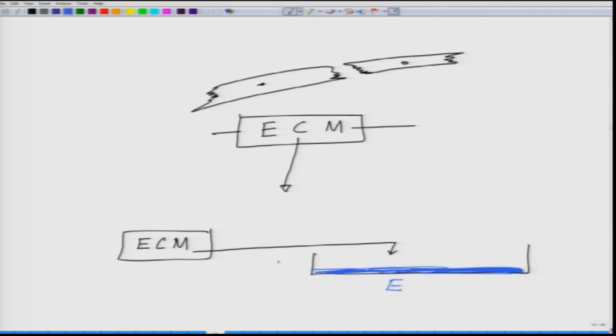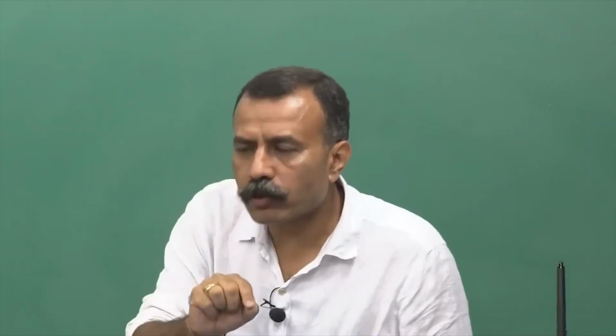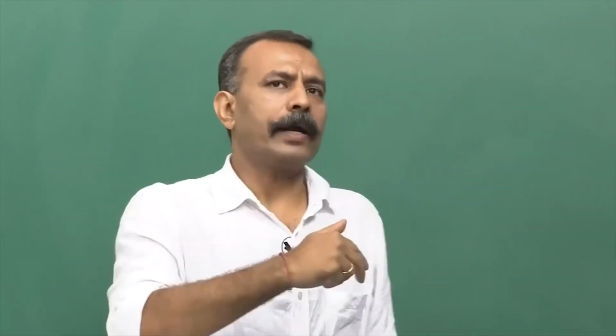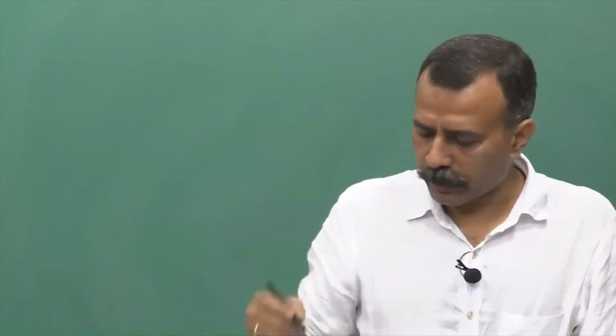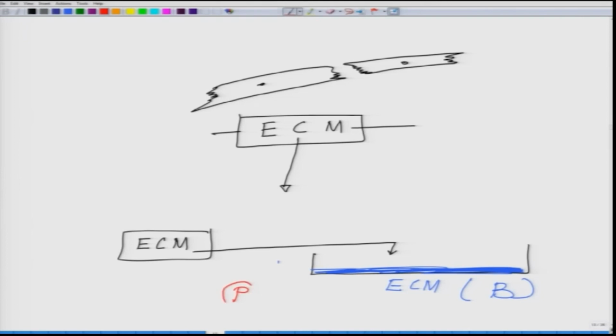This blue is showing the extracellular matrix, and I call it B. Now, a hypothetical situation: if in the extracellular matrix B, you add compound P, which I am representing by something like this, and you grow these cardiac myocytes on top of this, then it will change the properties of the cardiac myocytes.